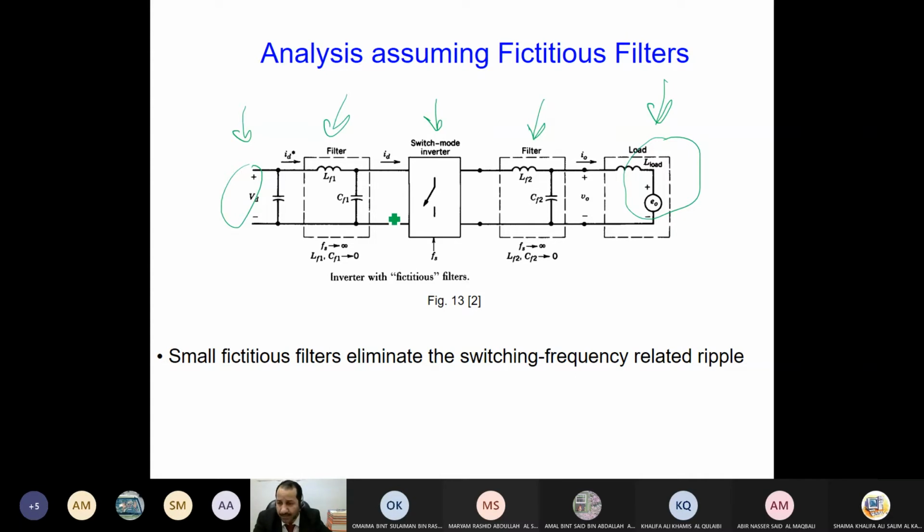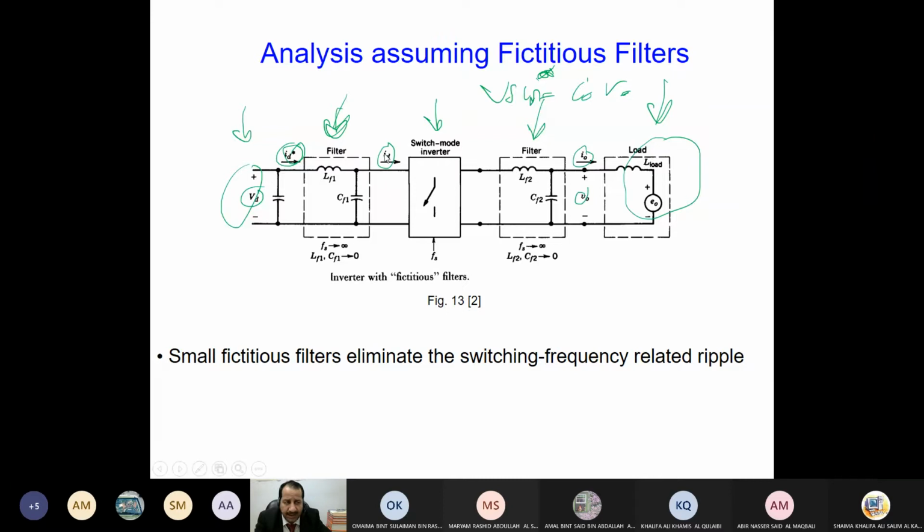Now, if I assume that the circuit here is lossless, it means input equals output. It means, as an example, the output power V output times I output equals the input, Vd times Id star. By the way, I use Id star to distinguish the current before the filter from the current after the filter.